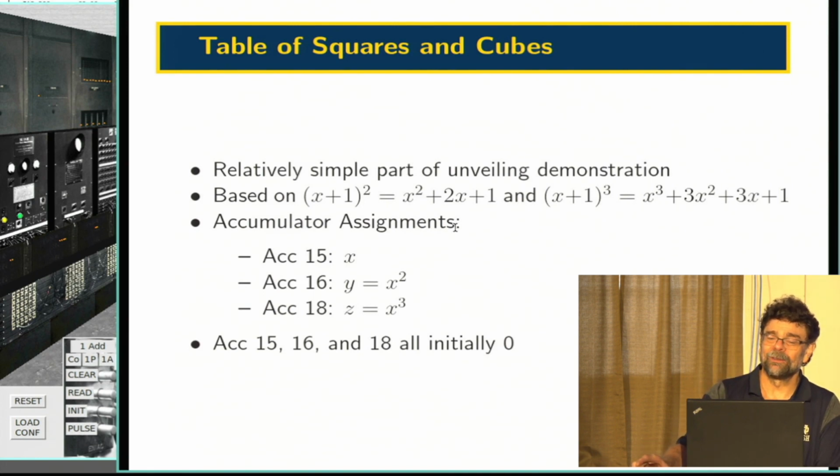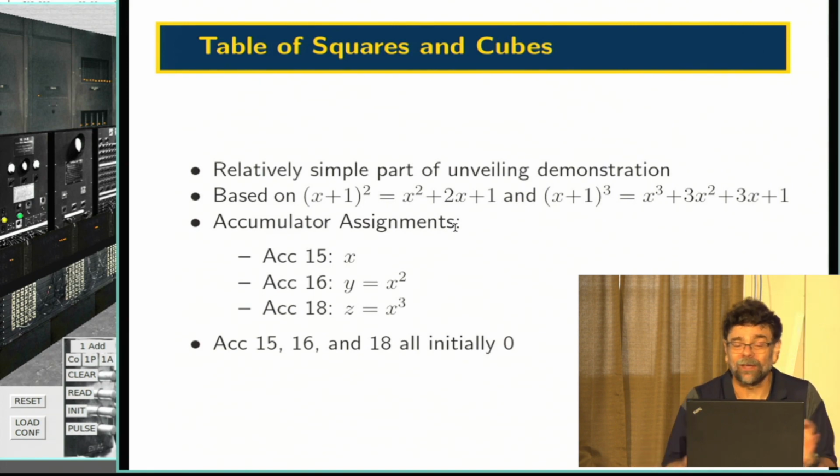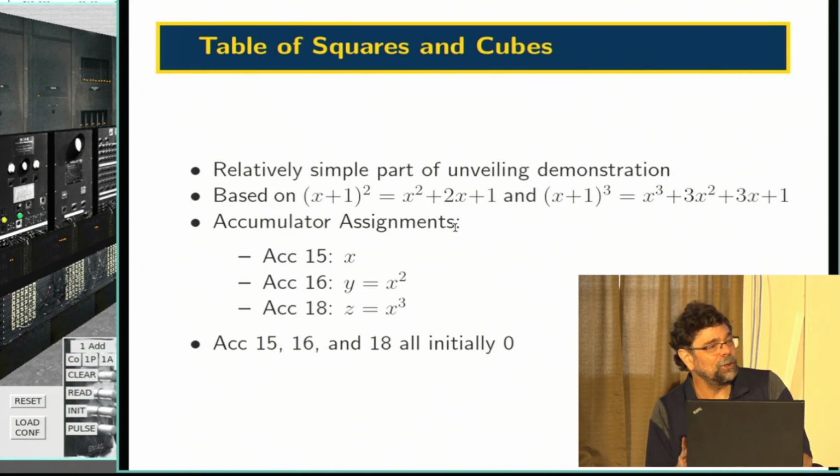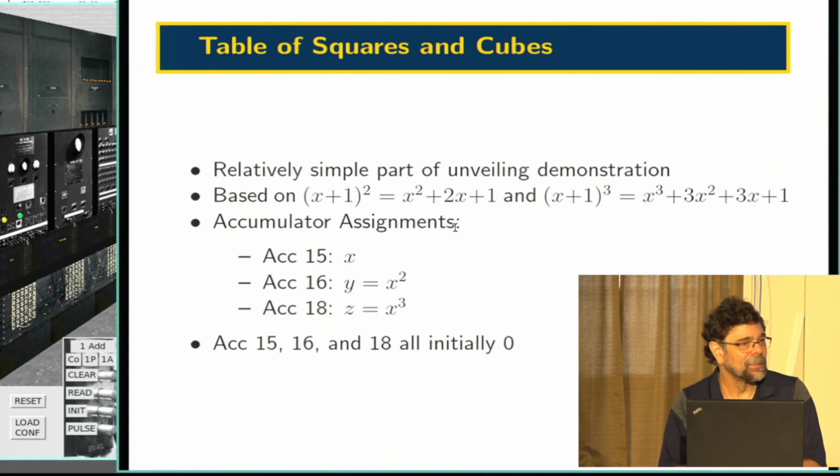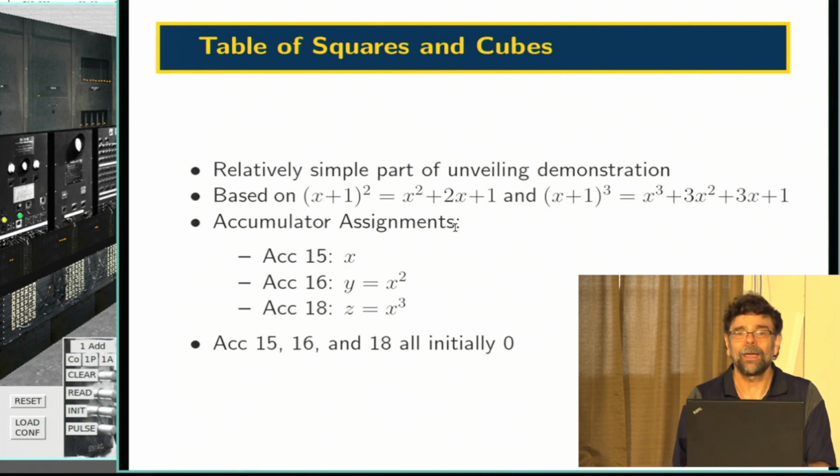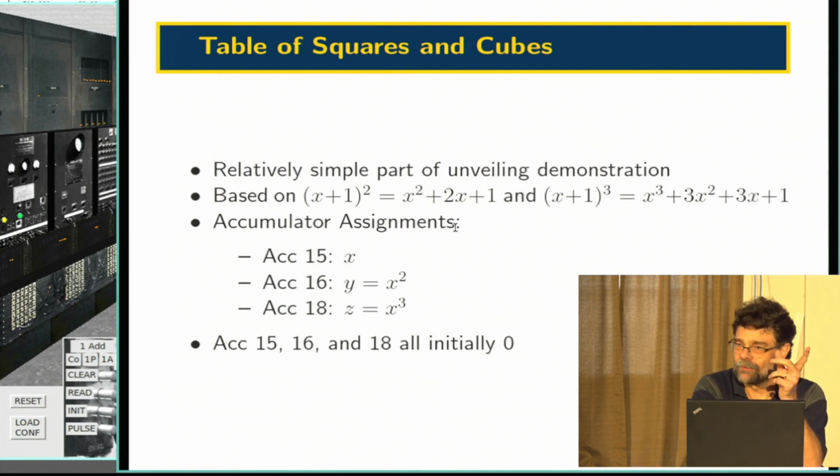x plus 1 squared is x squared plus 2x plus 1. And x plus 1 cubed is x cubed plus 3x squared plus 3x plus 1. You go, oh yeah, Pascal's triangle. Yeah, that's what we're looking at here.